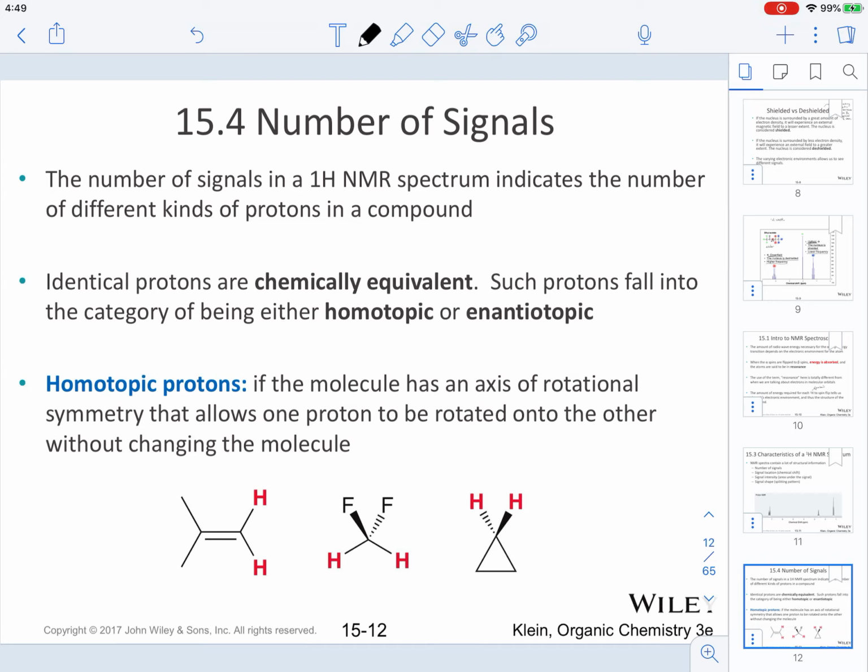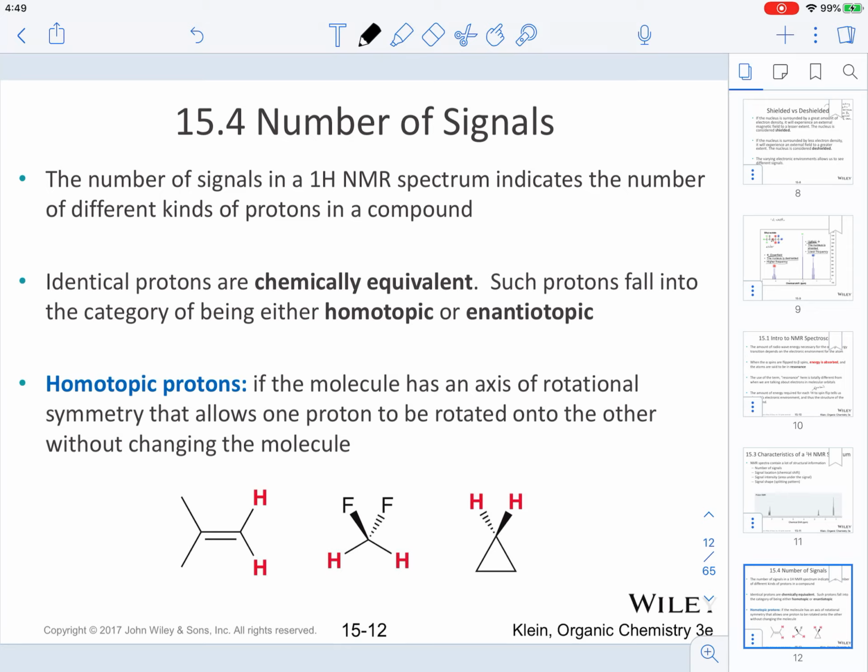Understand that is the basic idea of how we see these, and there are 3 examples of homotopic protons at the bottom of the slide. What we are going to see here is that if we rotate the molecule through a specific axis, we are going to interchange those protons, so they are going to be in the same position.